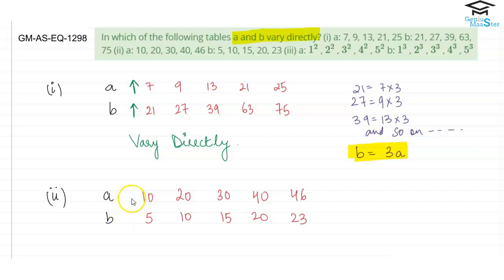Now in this table, if we observe the relationship between A and B, we can say that 5 equals half of 10, 10 equals half of 20, 15 equals half of 30, and so on.